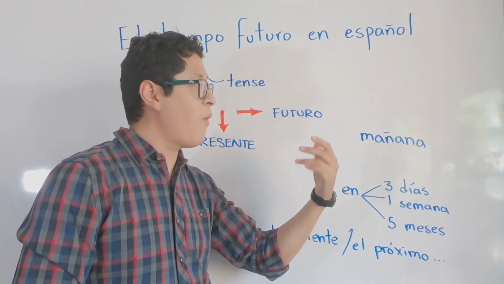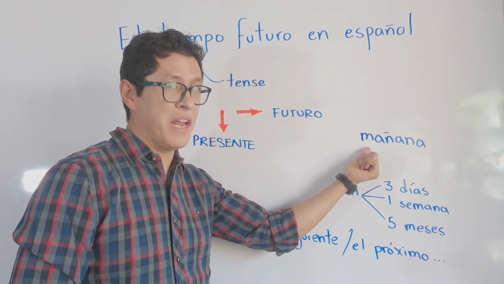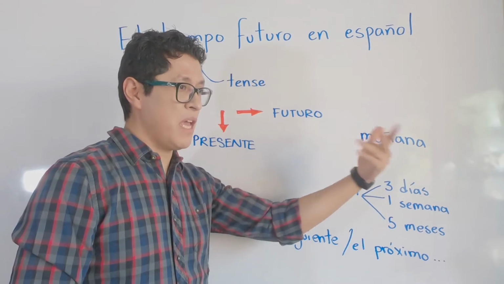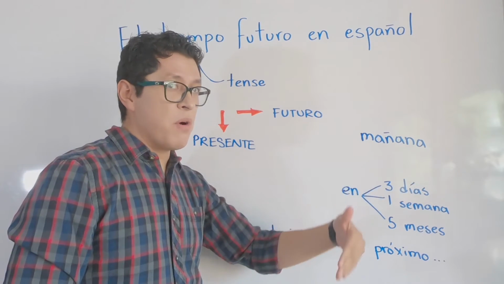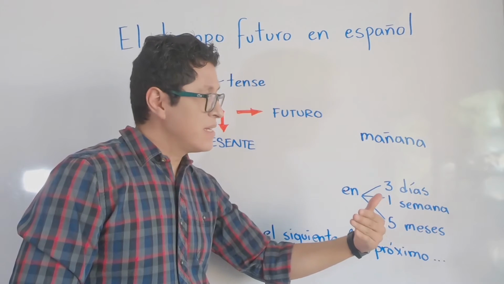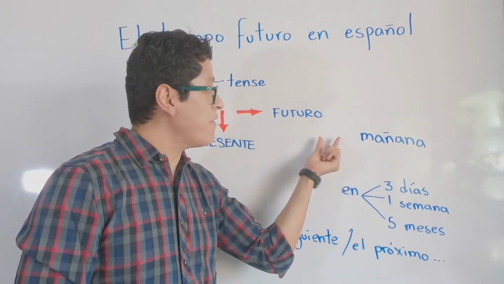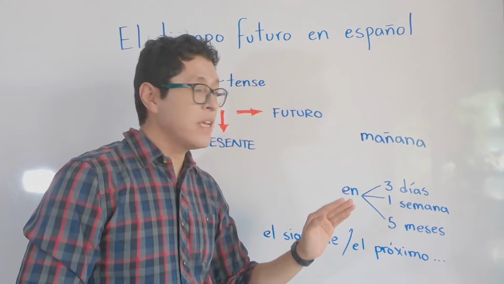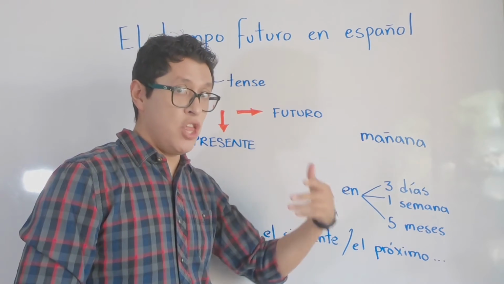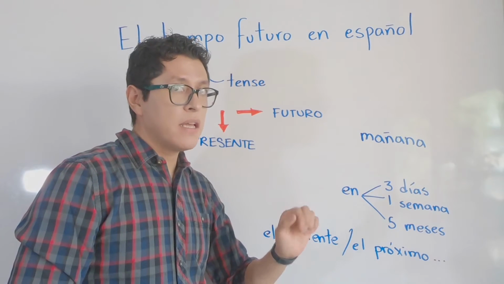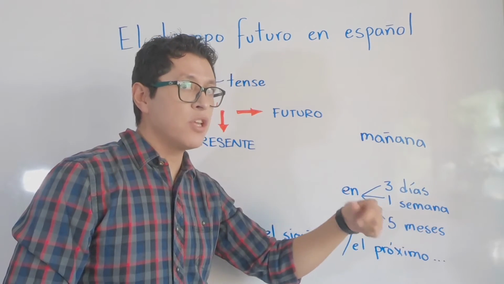Why did I say morning? Because this is also the word for morning, okay? Like in the morning you say en la mañana, but tomorrow you say mañana. It doesn't have en la. So once again, I repeat, en la mañana means in the morning, but mañana means tomorrow, okay?